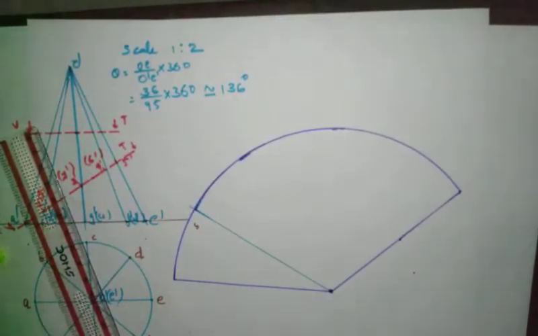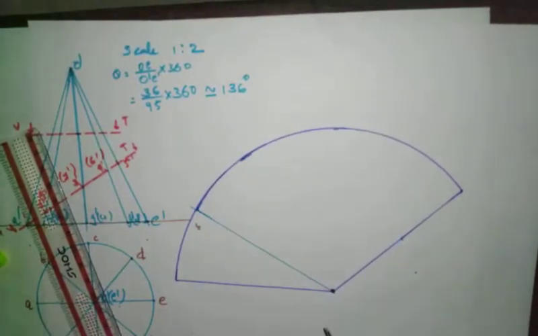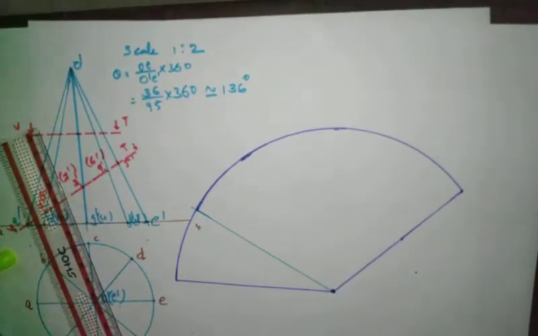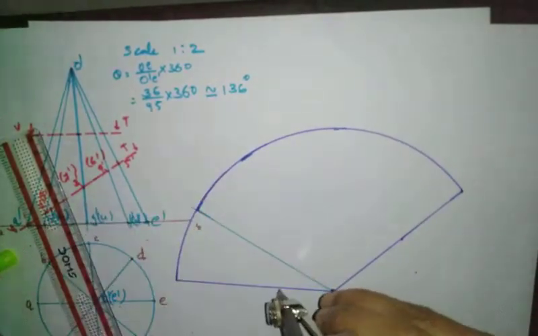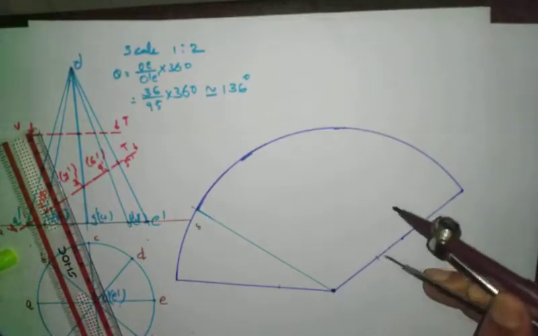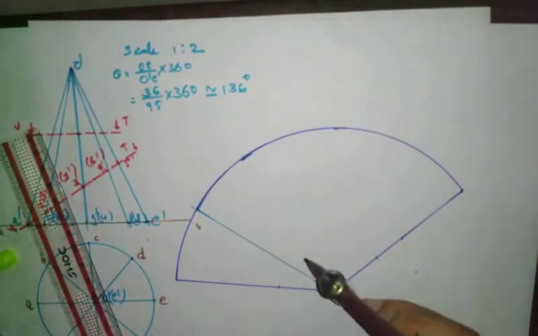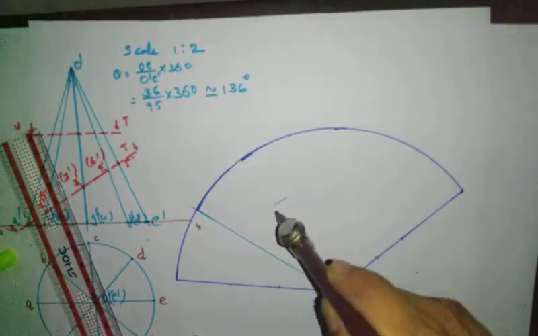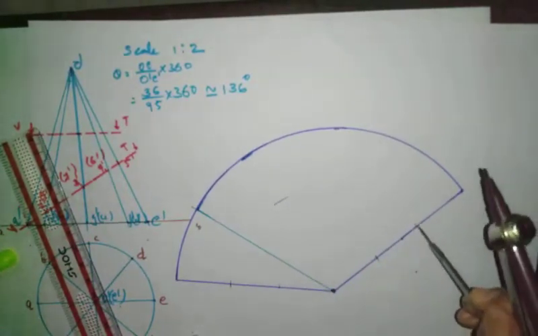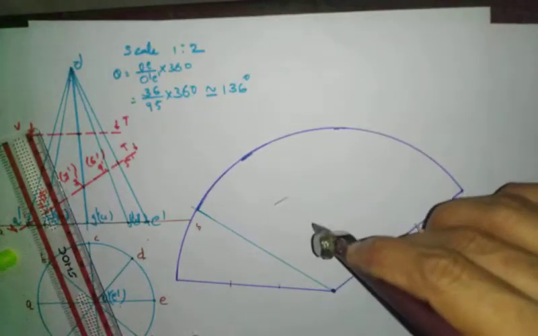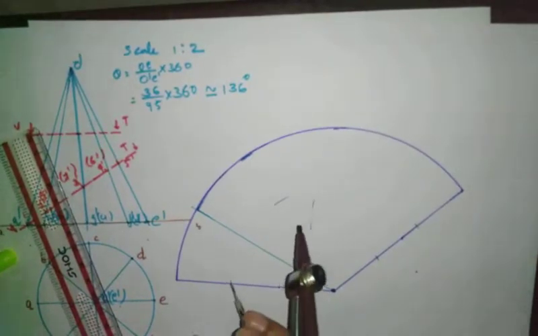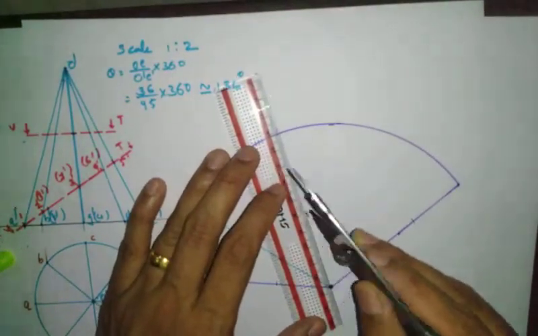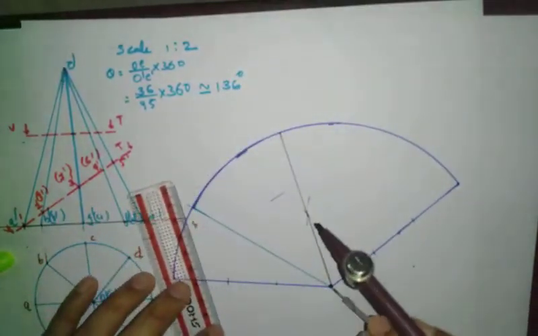Now you have to divide this into 8 equal parts. Half. Again you just divide.